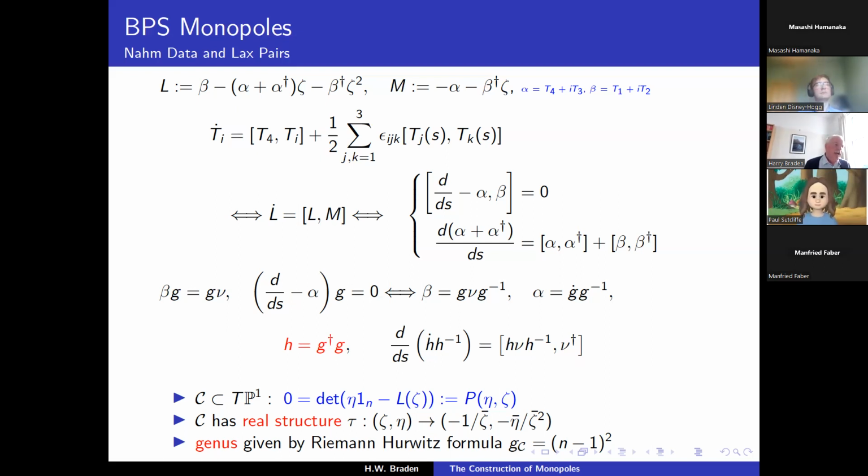Now, this curve has structure to it from the hermiticity properties of the Nahm matrices. You discover that this involution on zeta and eta holds, and we say that the curve has real structure. And I'll just mention in passing that the genus of this curve grows quadratically with the charge n, so it rapidly becomes quite complicated.